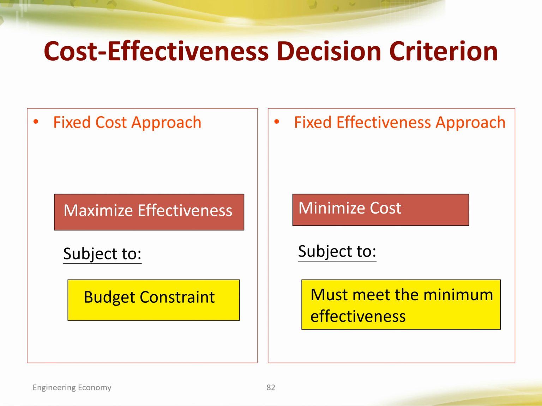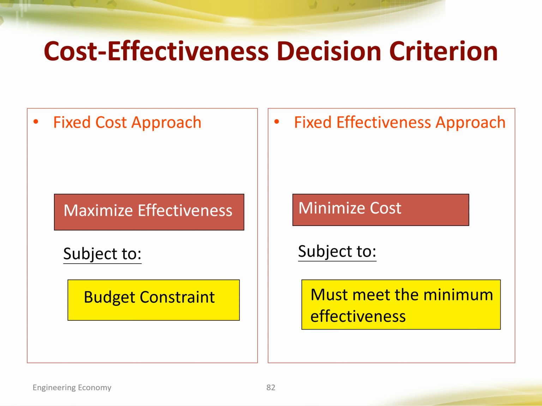So this is what we meant in step 6 on different approaches. With the fixed cost approach, basically, we have our budget constraint, but we want to maximize effectiveness. On the other hand, with the fixed effectiveness approach, we have a constraint on the effectiveness, we need to at least meet the minimum effectiveness requirement, and then we want to minimize the cost.